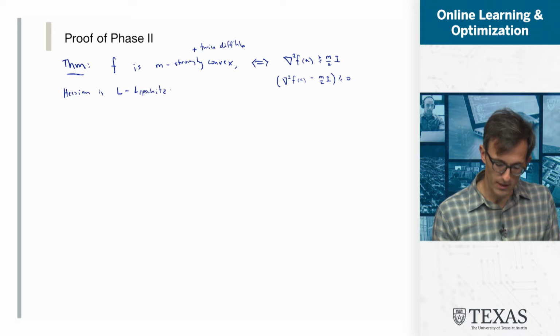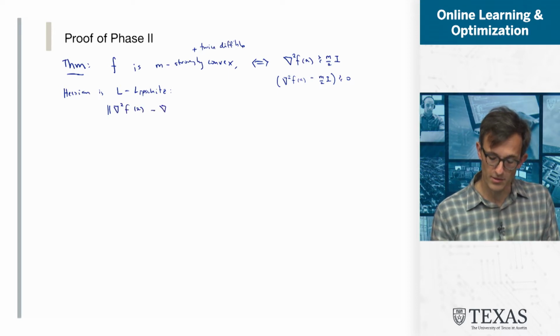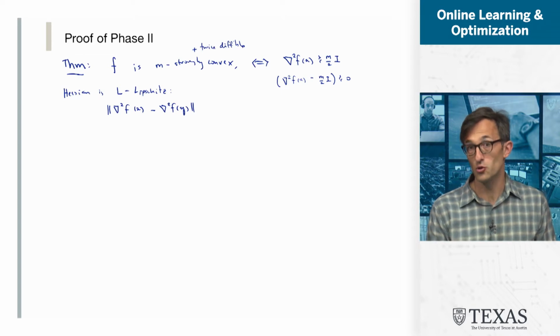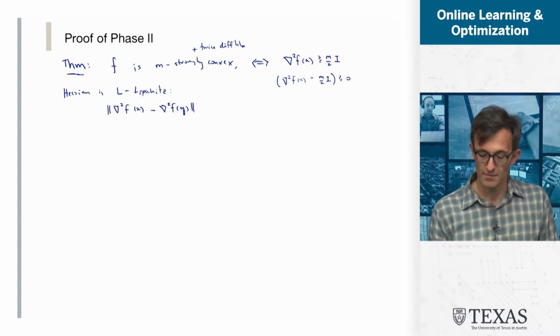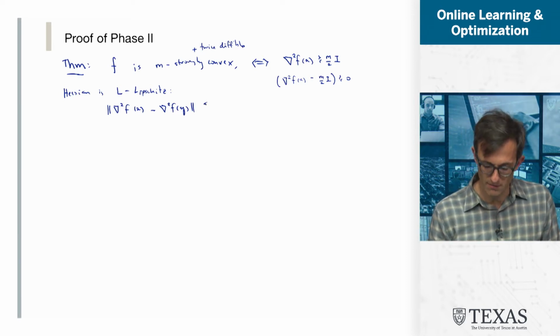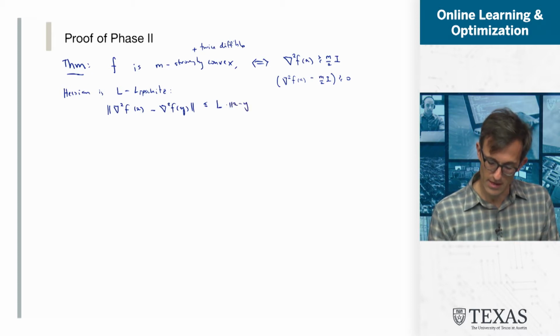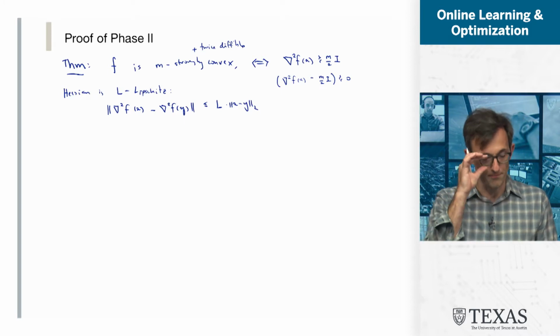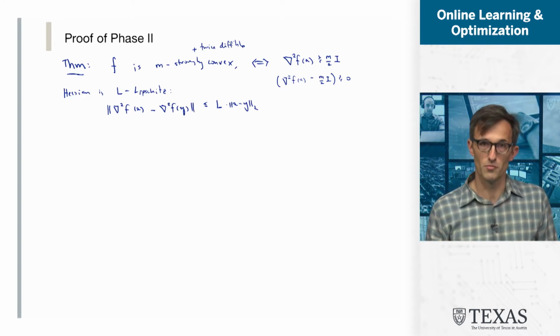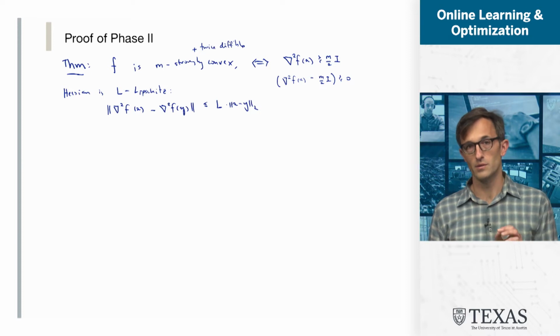And writing out the condition again, this is saying that the Hessian evaluated at x compared to the Hessian evaluated at y, the operator norm, sometimes denoted by OP or sometimes denoted by 2 for the 2 norm of the matrix, which is the largest singular value of this matrix, is bounded above by my Lipschitz constant L times the 2 norm of x minus y.